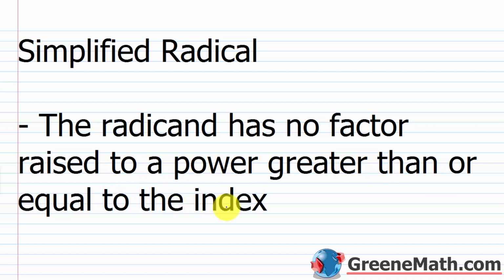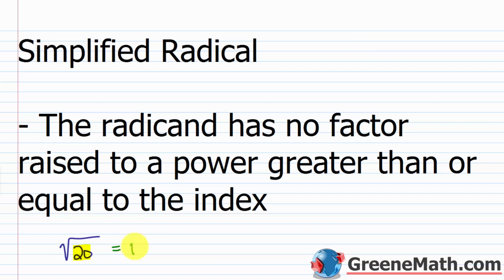Now, what does this mean in layman's terms? We already talked about this a few lessons ago. Essentially, if you had something like the square root of 20, the index here is a 2 on a square root, so you don't want any factors of this radicand, this number 20, to be a perfect square. With 20, we know this would factor into 4 times 5, and 4 is a perfect square.